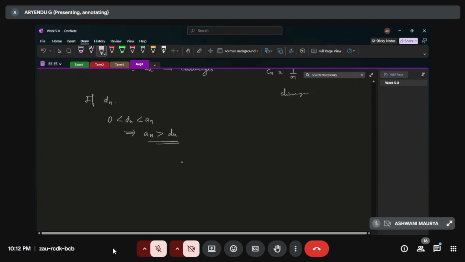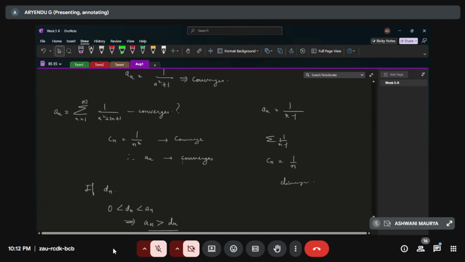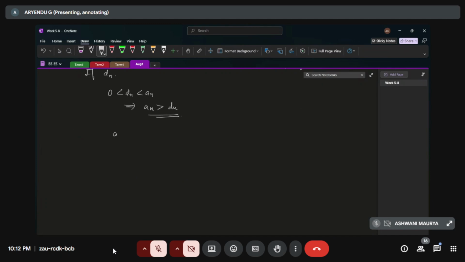If we take this same example, a of n is equal to sigma n equals 1 to infinity 1 by n minus 1. We can take the dn as simply 1 by n. Since this is always lesser than n, this whole thing will always be greater than dn. So we can see that an is greater than dn.